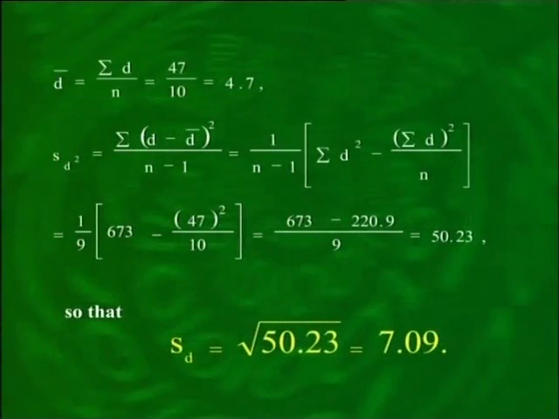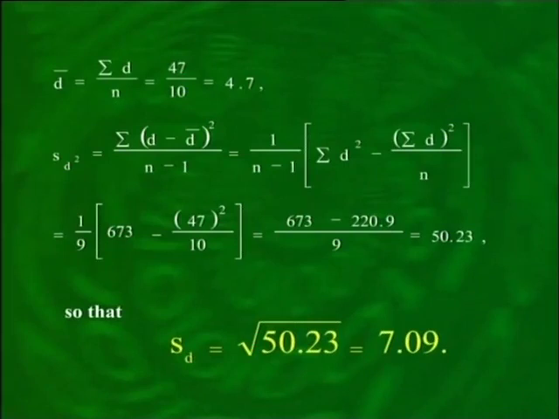Substituting the sum of this column and the sum of the earlier column in the formula of SD square, we obtain SD square equal to 50.23, so that SD comes out to be 7.09.